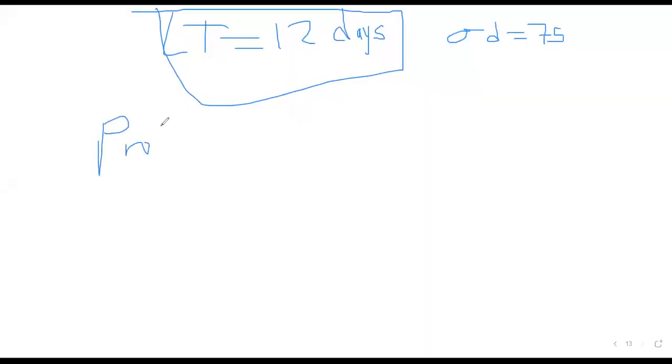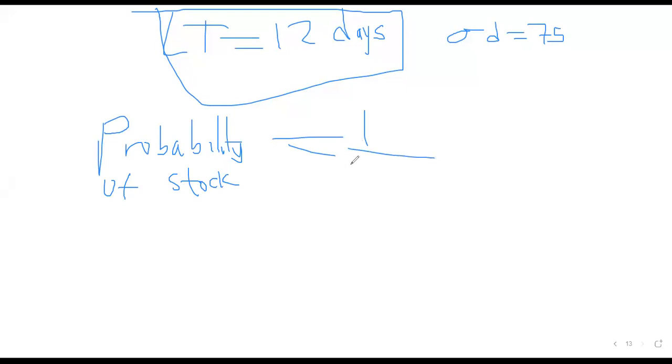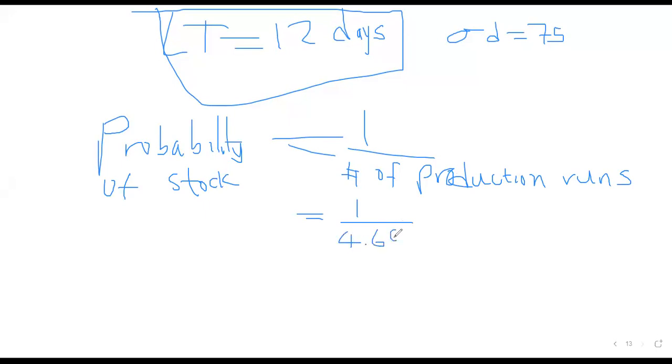So the probability of stock out is equal to 1 over the number of production runs. So it means 1 out of, in this case, the number of production runs, which was 4.66.